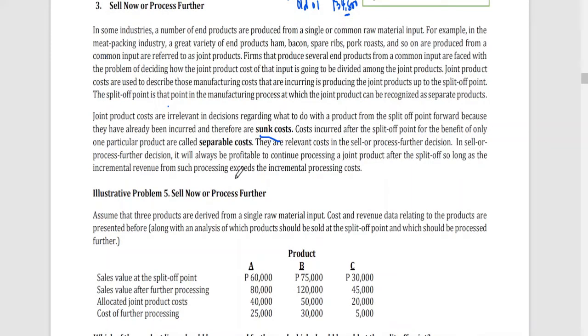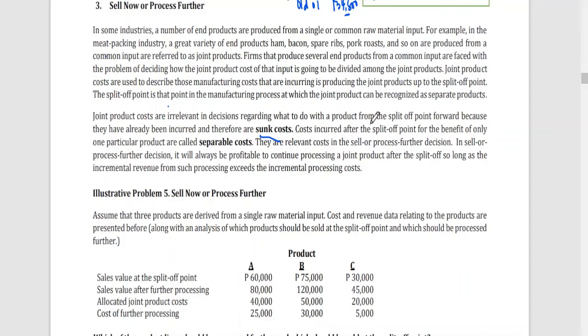So each separate product after the split off point, pwede man na siyang i-process further. So katong mga costs to process further the separate products after the split off point, so mao to gitawag nga separable costs. They are relevant costs in the sell or process further decision.